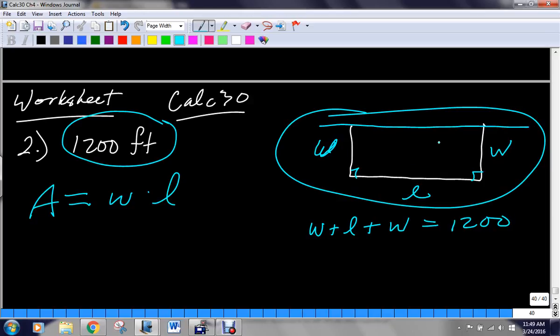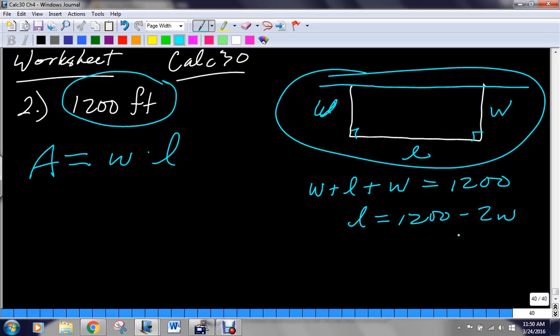So notice in the previous question we used 2 L's and 2 W's that were adding up to 1,200, but now we only use 1 L because the barn is the other length. Good with that? So this is going to change a little bit what our variable is. So now L is going to be 1200 minus 2W.